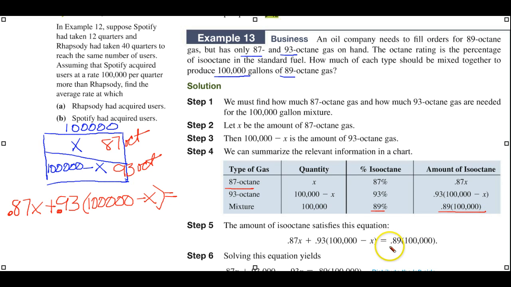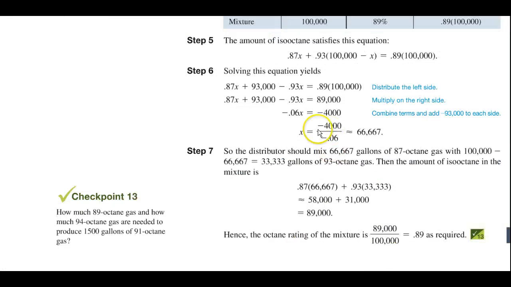And actually they have it all here as well. So I would first get rid of all my decimals, multiply through, which is what they will do, and we will solve for X, and we get X is approximately this. Subtract this from 100,000 and we get the other, and those are our answers.